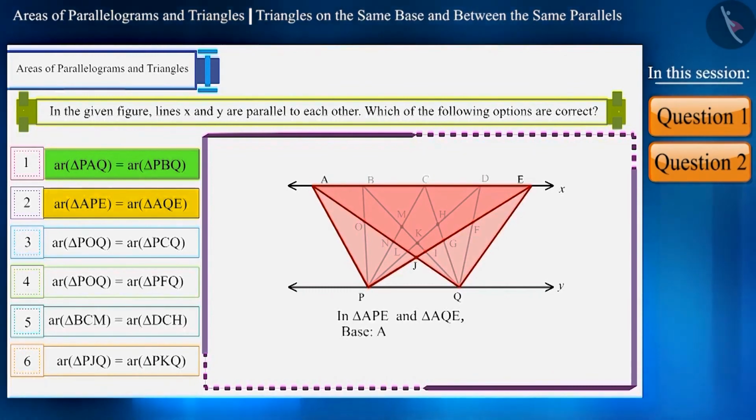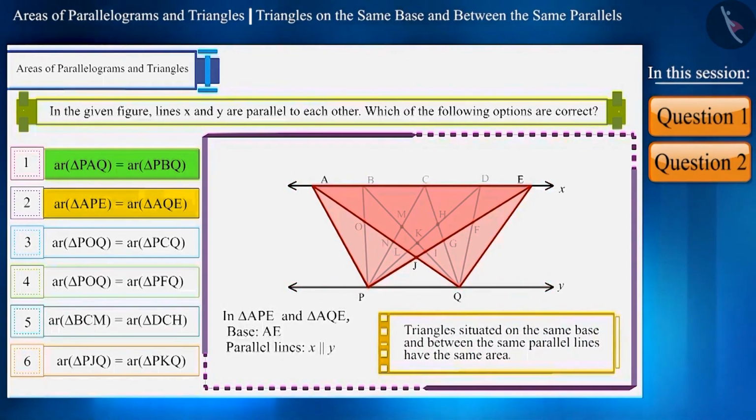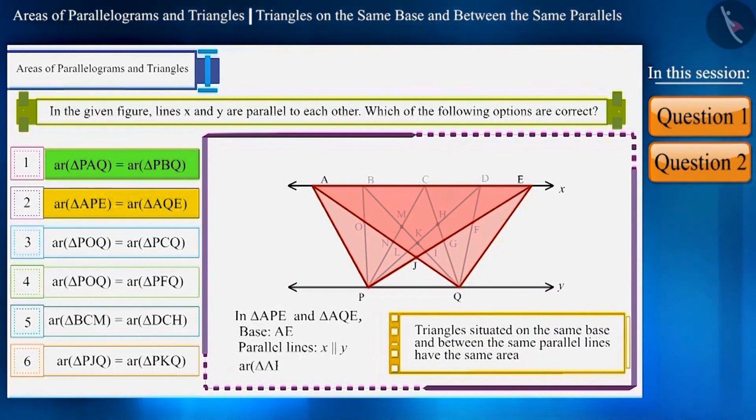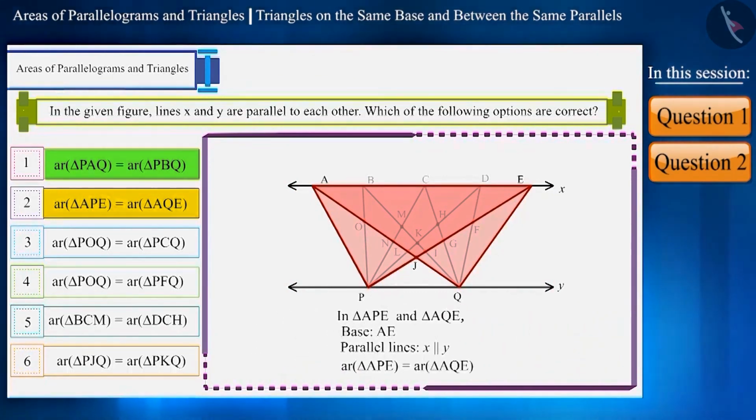Yes, these two triangles are constructed on the same base AE and they are situated between the same parallel lines X and Y. And we know that the areas of triangles situated on the same base and between the same parallel lines are equal. Therefore, the areas of these two triangles will be equal. So, our second option is also correct.